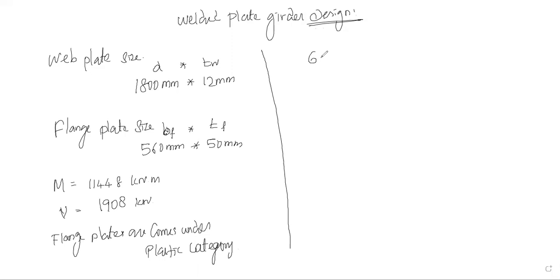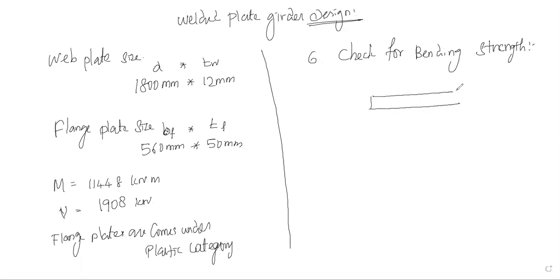Now let us move on to step 6, that is, check for bending strength. Before going to the check, we have our girder plate drawing.